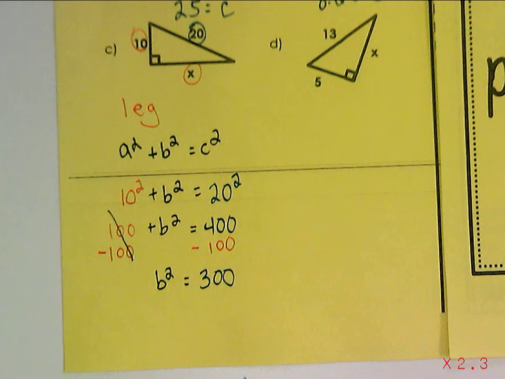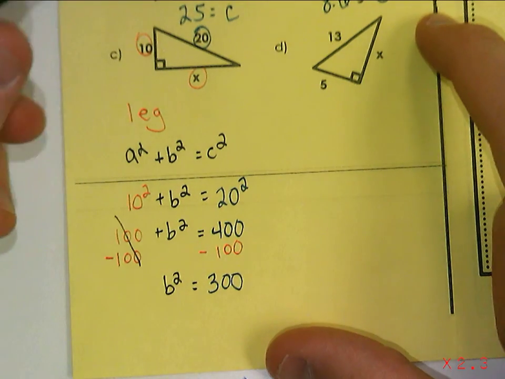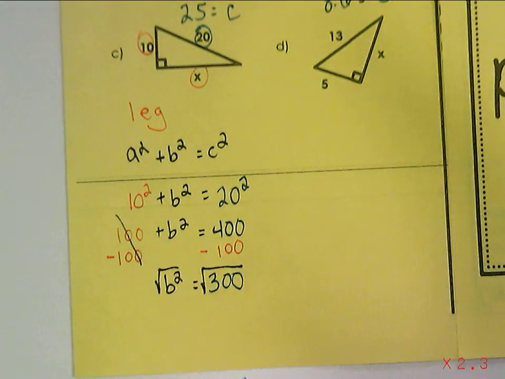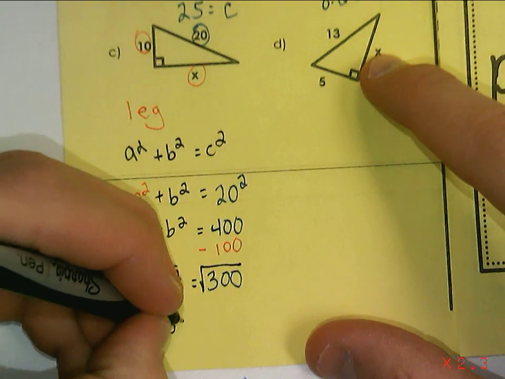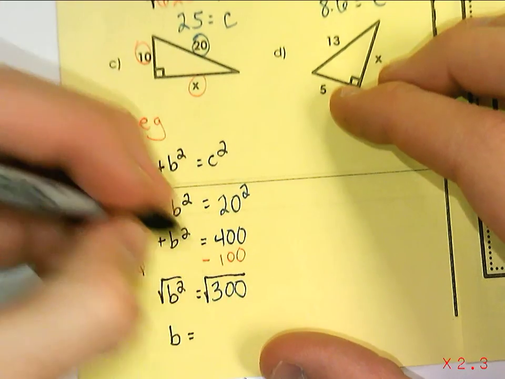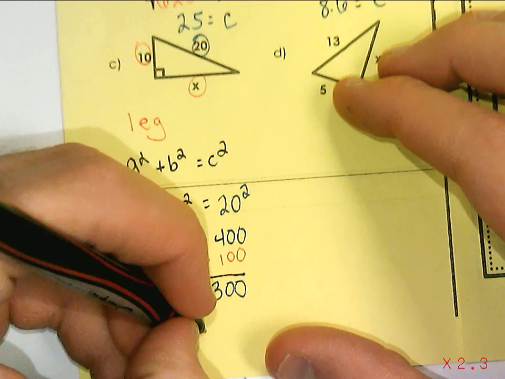Now in order to get b by itself, I'm going to have to take the square root of both sides like we did in our previous problems. 300 is not a perfect square, so I'll have b here because a square root undoes a square. And if we take the calculator, take the square root of 300, we get 17.3 as our approximation for our other leg.